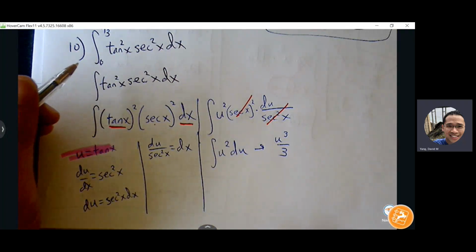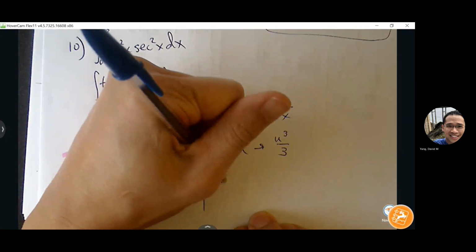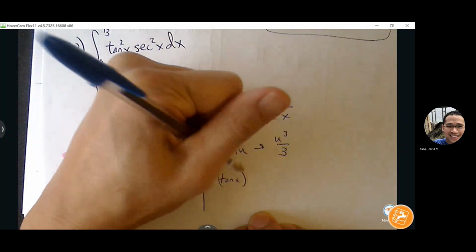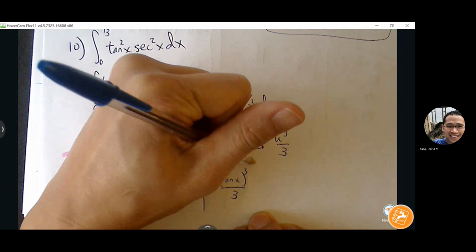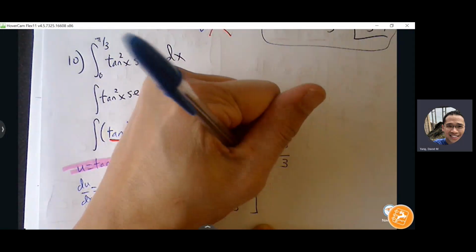So u cubed over 3. Let's bring the original variable back, bring back tangent. And then we can work the bounds pi over 3 and 0.